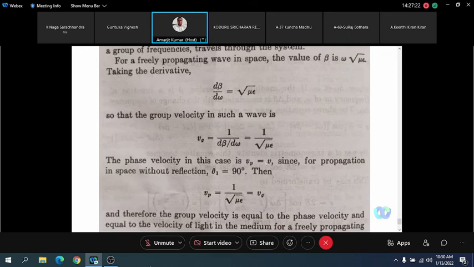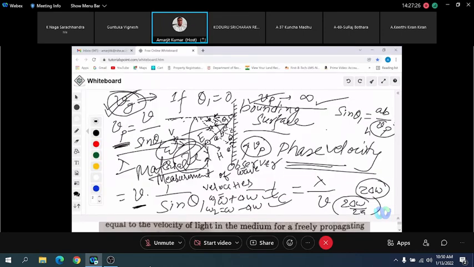Okay. And what about the phase velocity? When theta 1 is equal to 90 degrees, it means the actual velocity is parallel to the bounding surface. There is no normal component.